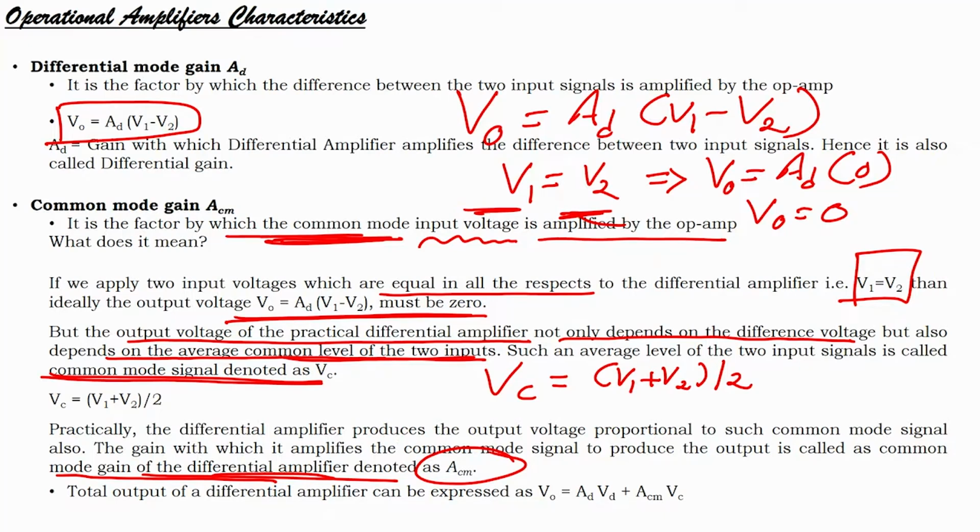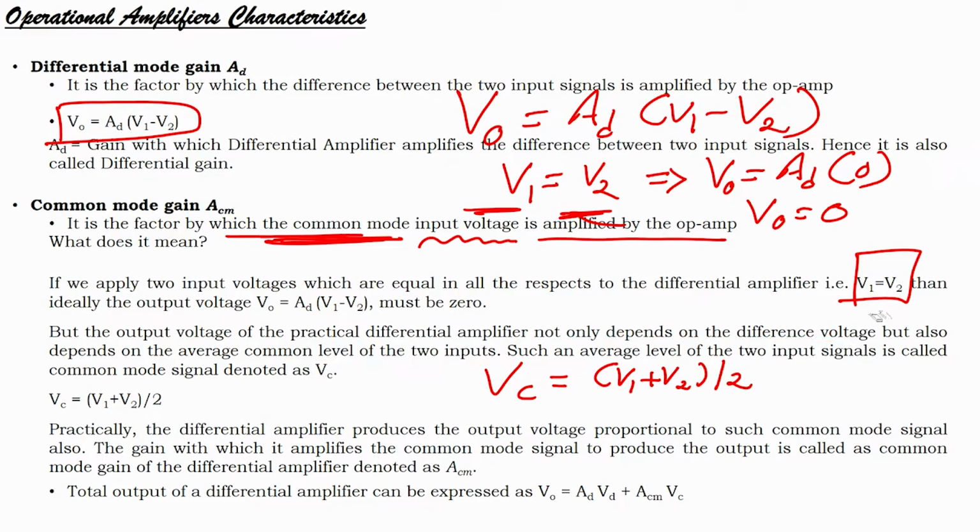So what does it mean? When we insert the amplifier in this circuit, we see that the output voltage is also proportional to such common mode signal Vc, and the gain with which it amplifies this Vc is called the common mode gain.